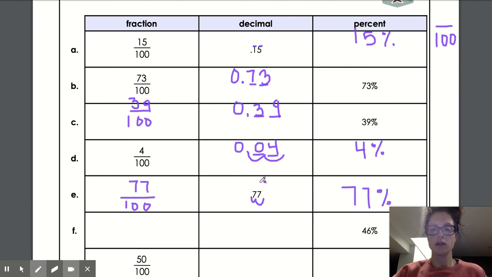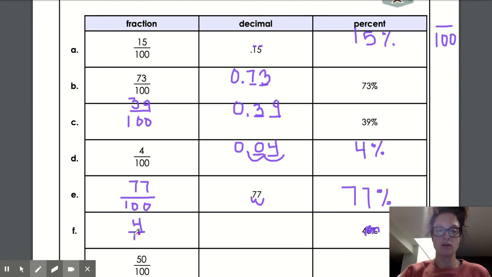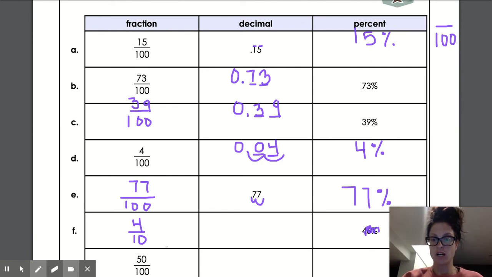So if you're given a problem, for example, I'm just going to get rid of this right now. We're going to use this space. Let's say I'm given 4 tenths. Okay, so you're probably going to come across this with IXL. Remember, we need to get our fraction out of 100. So in order to do that, we need to find a common denominator that makes 100. So I know 10 times 10 gives me 100.